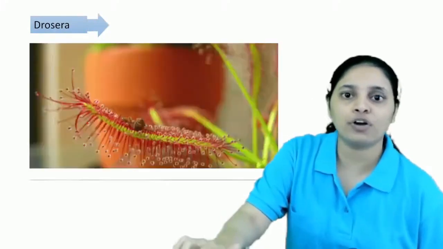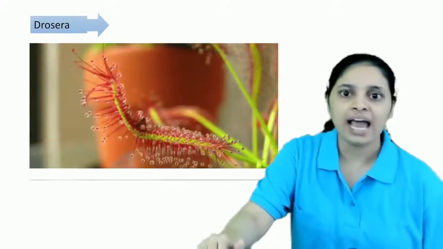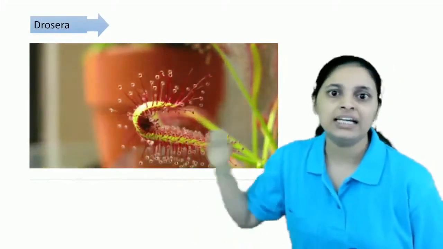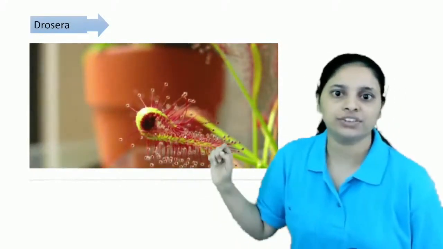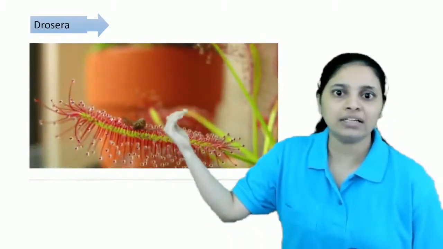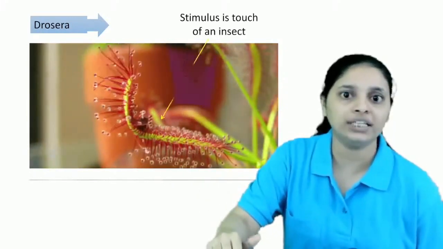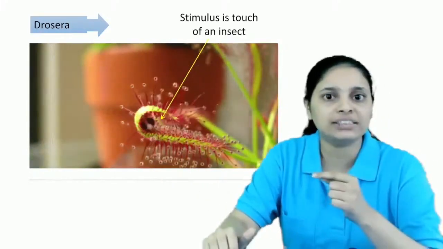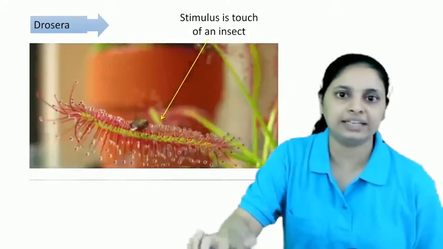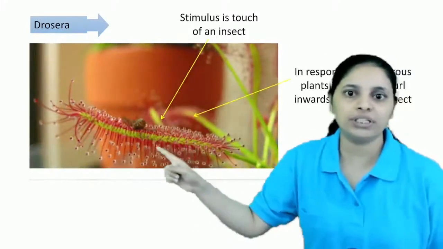So in case of Drosera, okay, here you can see as the insect basically gives the stimulus of touch, you can see how the plant curls up, how the leaf curls up, and this leads to trapping of the insect. So your stimulus is the touch of an insect, right everyone? ये देखो insect है.